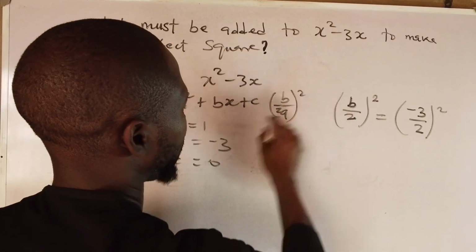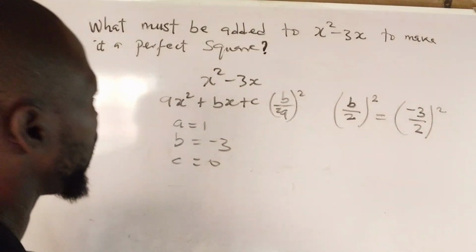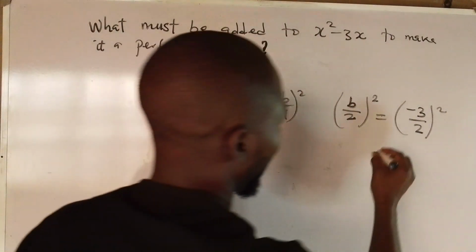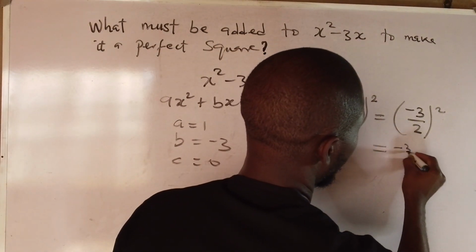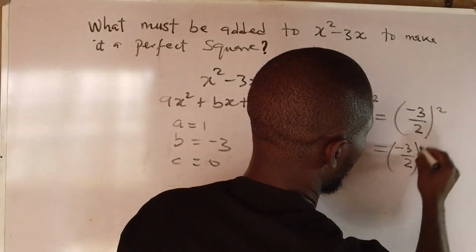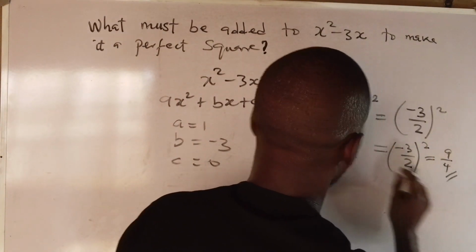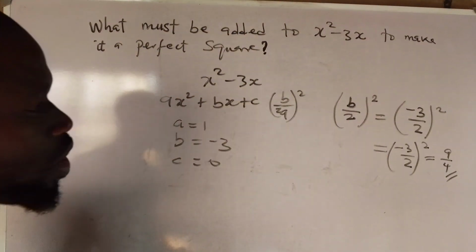So now, this is what you will add to this. What you are adding is minus 3 over 2 squared, which is what? 9 over 4. So when you add 9 over 4 to this expression, you make it a perfect square.